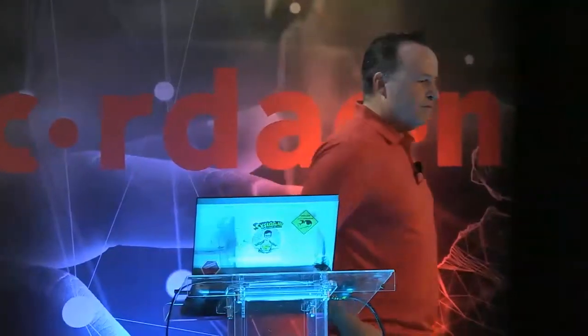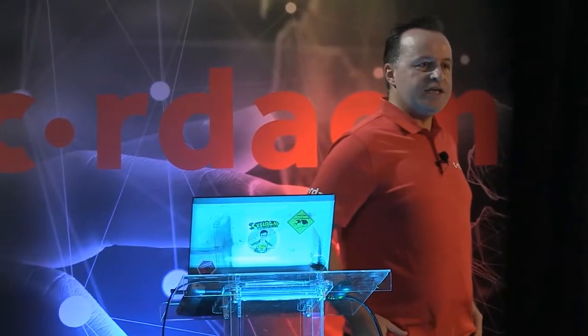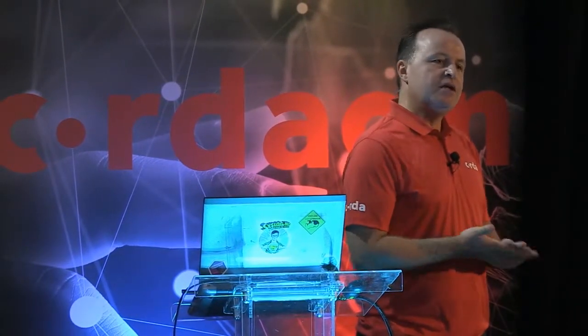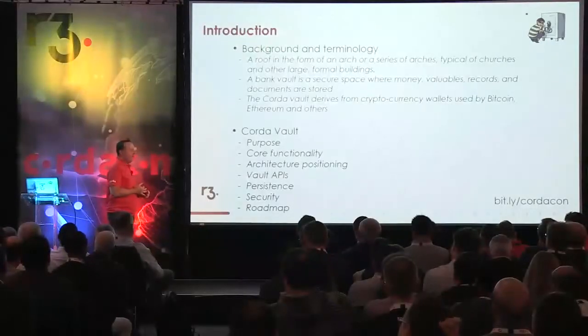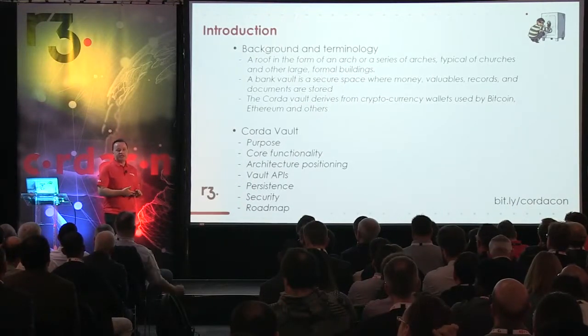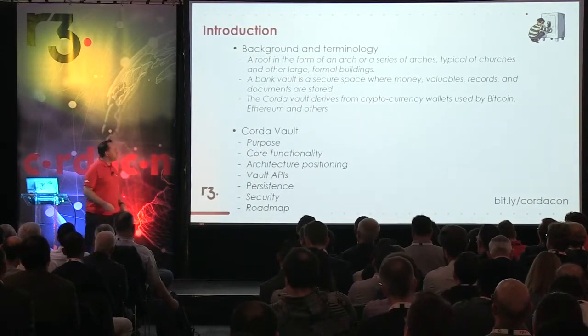If you're familiar with the concept of a cryptocurrency wallet, which typically stores private keys and your electronic coins, the Corda vault is kind of the same thing, but at a grander level. It's the electronic storage of the key assets of an organization. And remember, an organization is a physical node on the Corda network. And it maintains all the privacy, keys, certificates, etc.